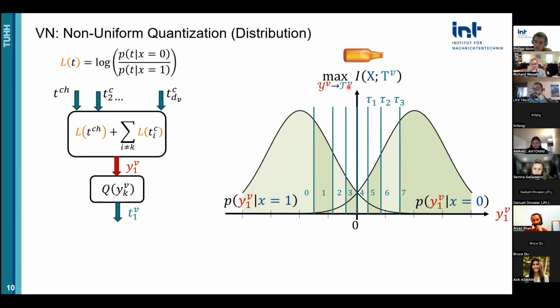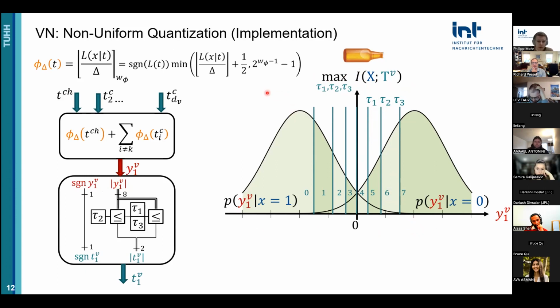The maximization of the mutual information tweaks those boundaries to get the maximum of mutual information. And actually, one can show that it is sufficient to use those threshold levels if the input is sorted according to the log likelihood ratio. So the optimization just moves those boundaries until the best solution is found.